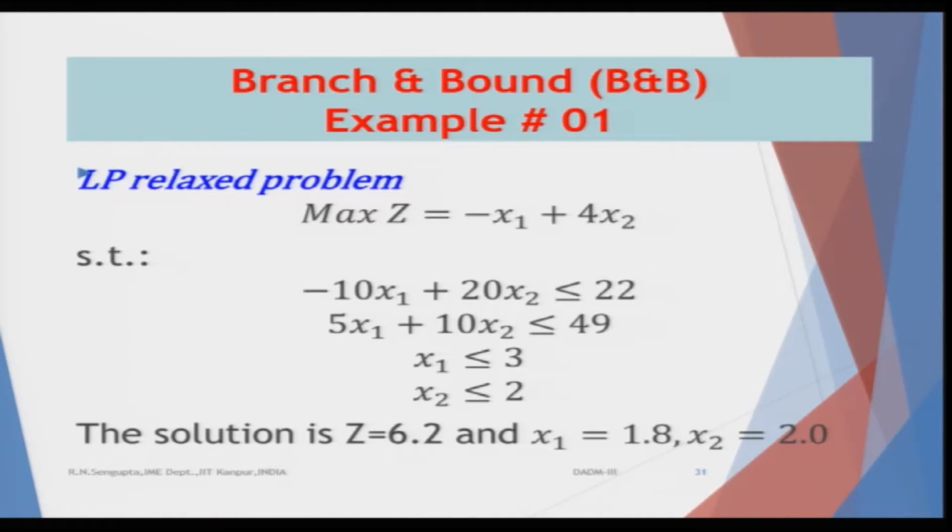The second constraint is 5 x1 plus 10 x2 is less than or equal to 49, and the relaxed version for the x1 variable is x1 from 0 to 3, both inclusive, continuous, which is right. And the other branch which we are going to consider is x2 values less than or equal to 2. So, the relaxed version is 0 to 2 inclusive, everything continuous.